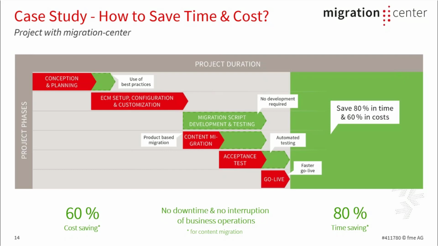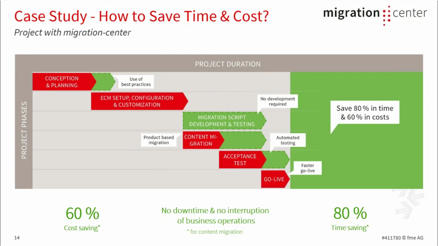Also, because of our tests and our validation phase, we are able to reduce the time you need for the acceptance test. You can communicate with the business owners before you migrate documents. You can make sure that all the documents are tagged or have the right attributes after the migration, and you can do all this before you commit the data, as I mentioned.